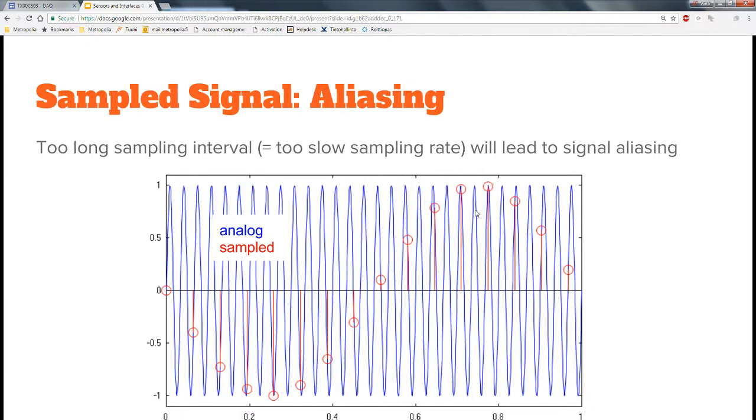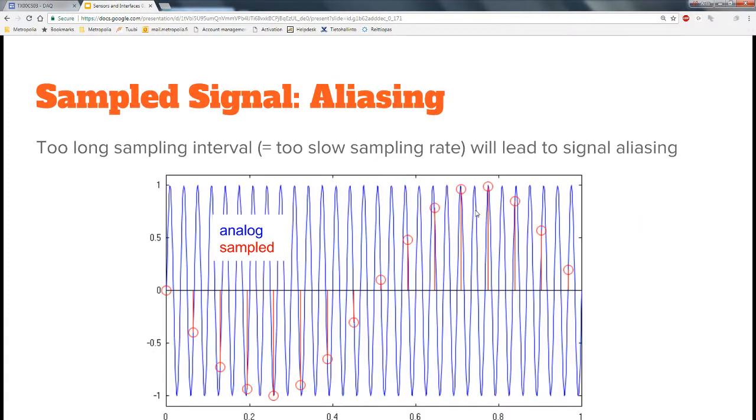At a constant sampling rate, as you can see, there are almost more than 2 cycles of that analog signal between 2 sample points. And that's what happens. The sampled signal, well, you are still sampling, but this is not the signal you actually think it is. After sampling, you see only that sampled part. You don't know that it was about 2.5 times faster.